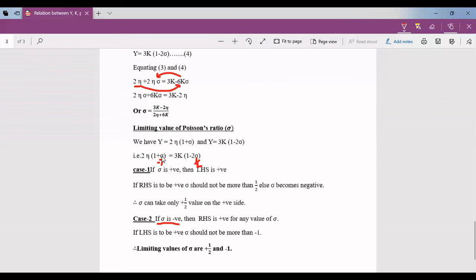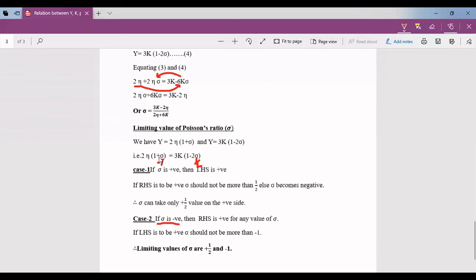So 1 minus 1 will be 0, so the left side will become 0. For the right side equation, in place of sigma you substitute minus 1. So minus 1 into 2, minus into minus is plus, so it becomes plus 2. So the right side will be positive and the left side is 0. So this equation is satisfied now.